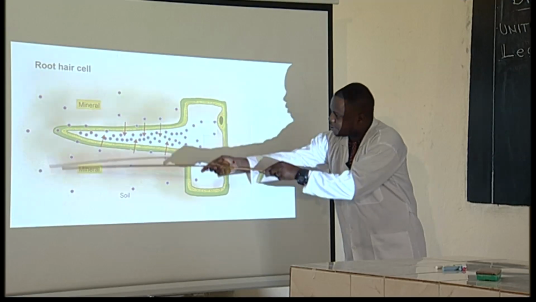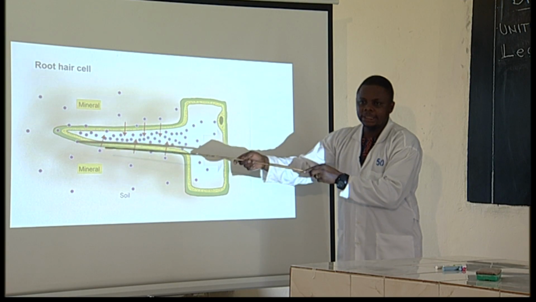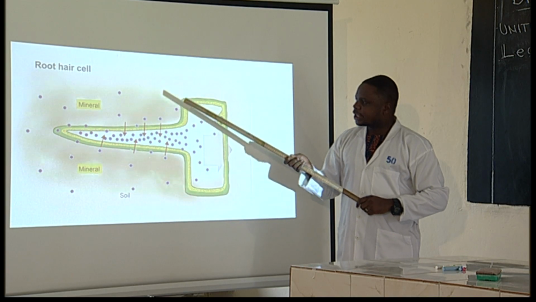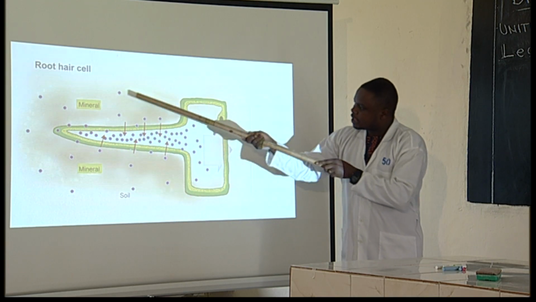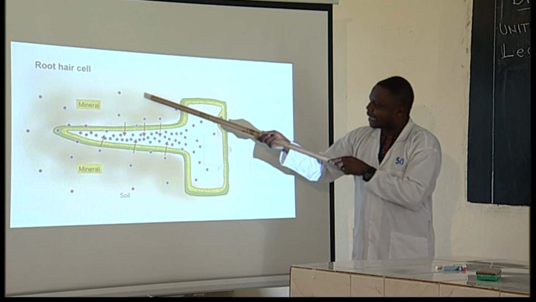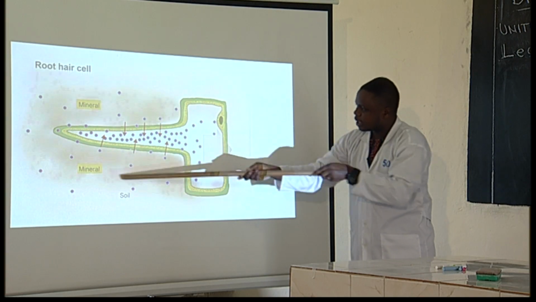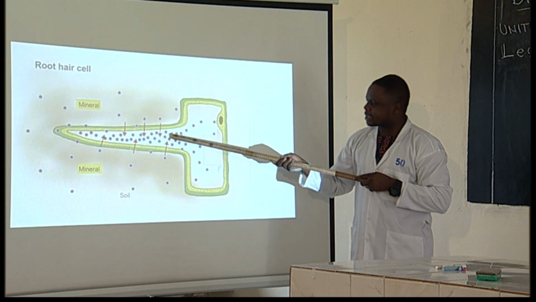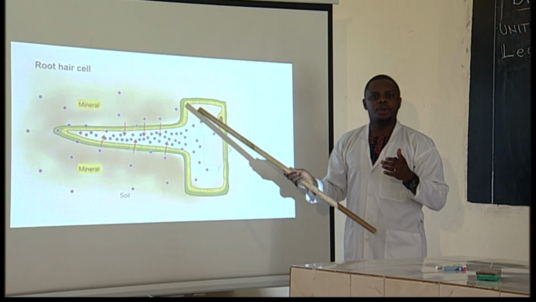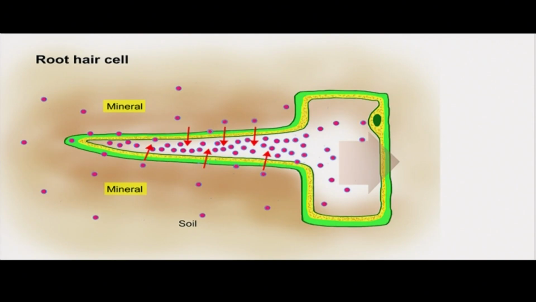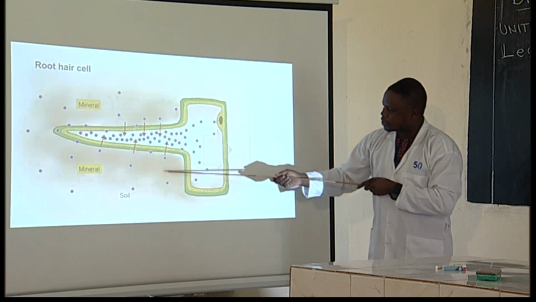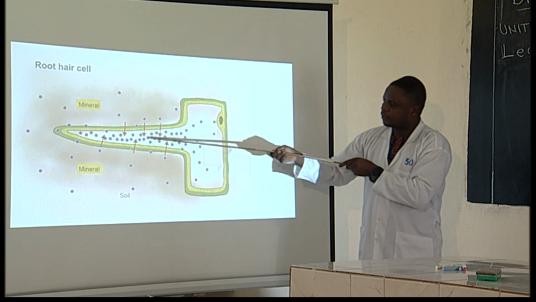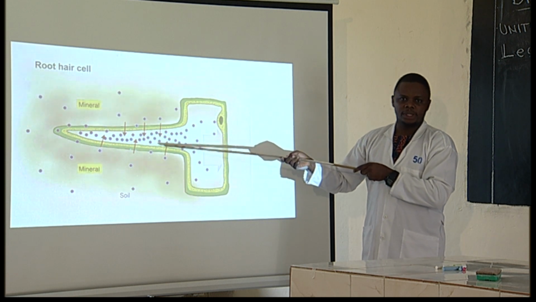And from the soil, you can see they are scattered and less, which means the movement of these particles from where they are less going to the root hair cell where there are many is what we call active transport. The movement of molecules from the region of low concentration to the region of high concentration.